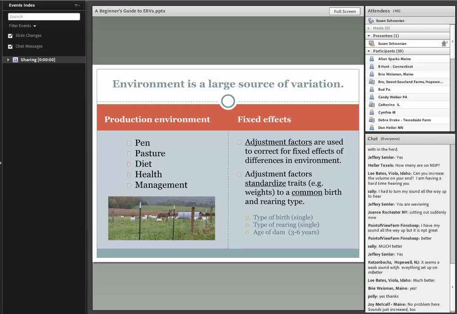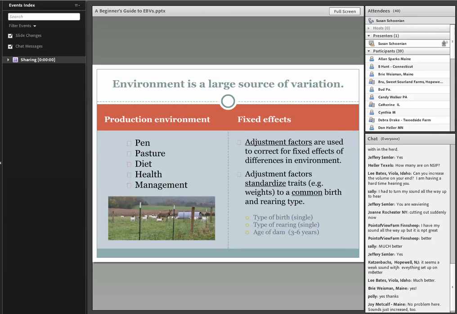When we're talking about meat goats or sheep and goats, what we're really talking about here is the type of birth and the type of rearing: single, twin, triplet. We expect a single lamb to grow faster than a twin or triplet. We expect a 4-year-old ewe to produce a better lamb than a yearling or a 9-year-old ewe. And so we have adjustment factors that will account for those differences.